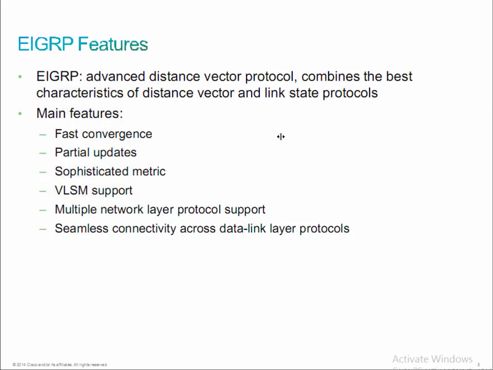All right. In addition, EIGRP also supports seamless connectivity across the data link layer. So we can run EIGRP over frame relay, over Ethernet, over PPP, HDLC, and so on. These are all very important components of the protocol.